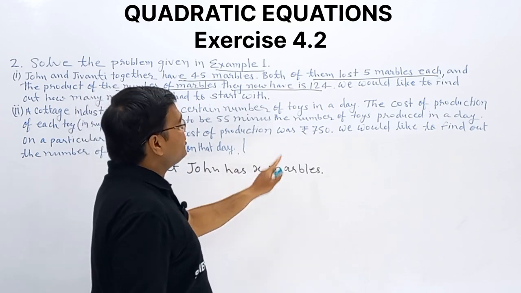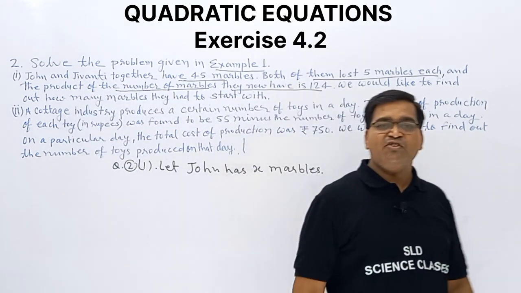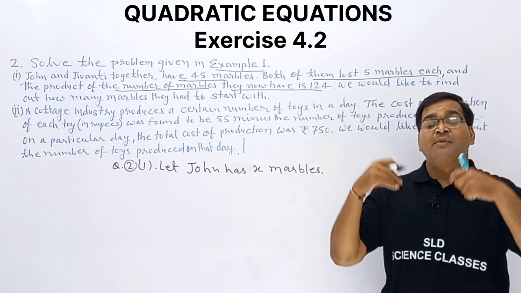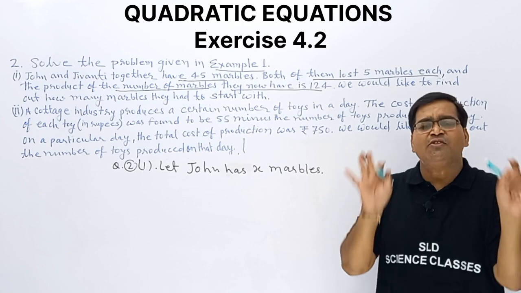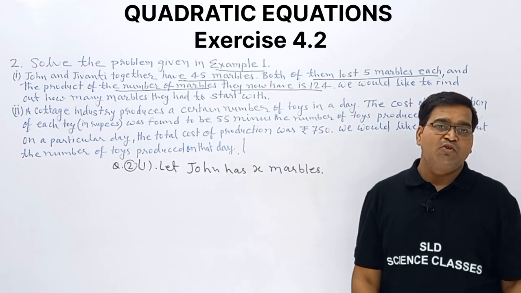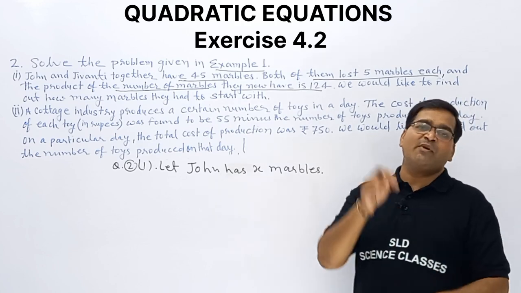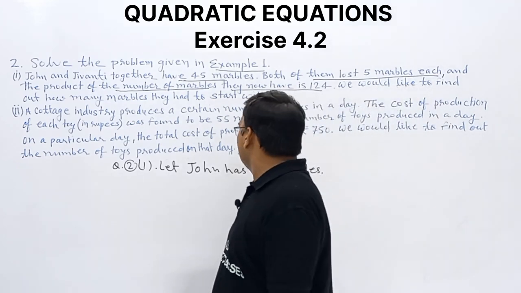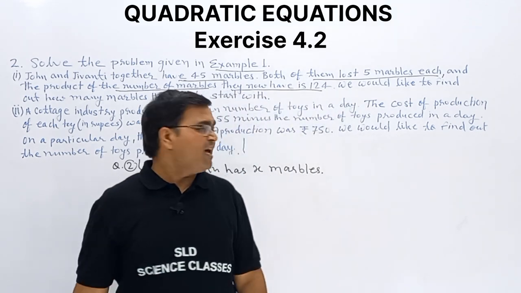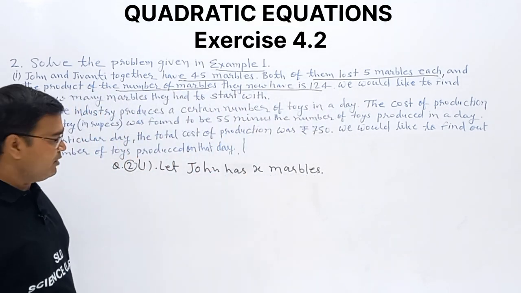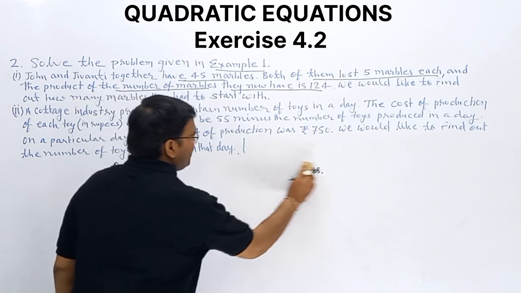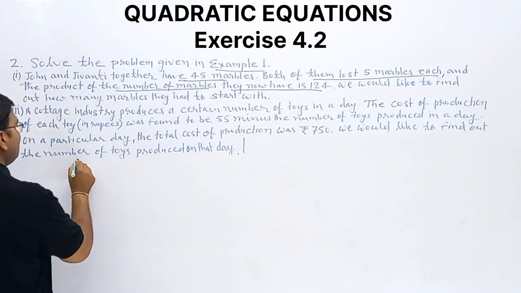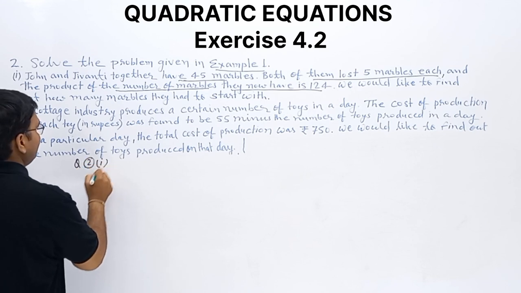Let John have X marbles. We assumed John has X marbles. We want to find John's and Jivanti's marbles. So in the first step, we are assuming what? Let John have X marbles. Space is required, so I am writing there. Question number 2, first one.